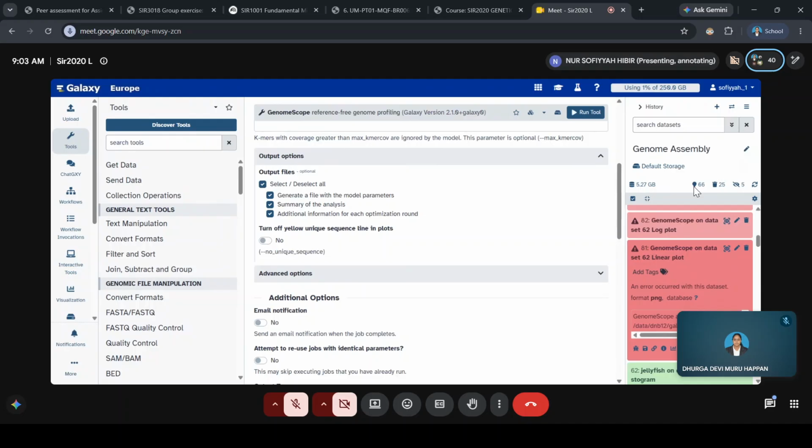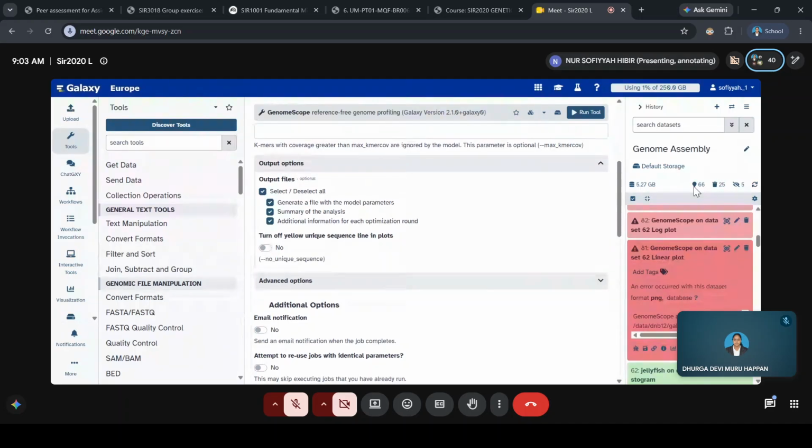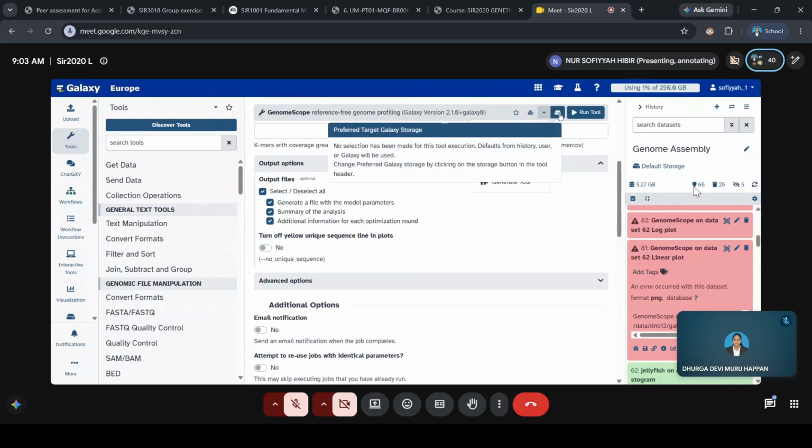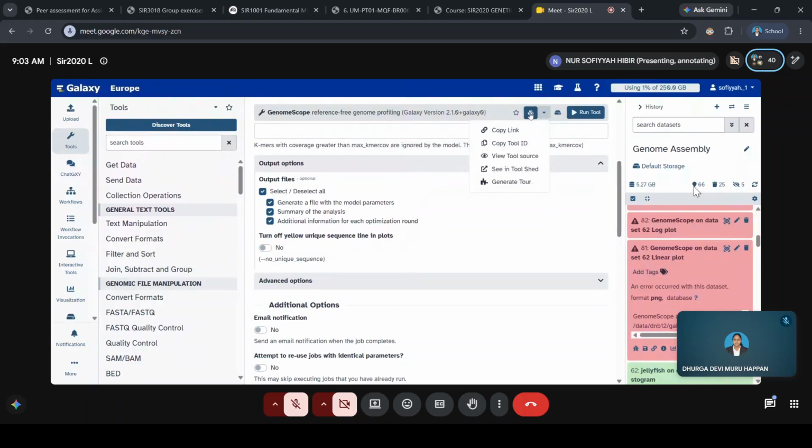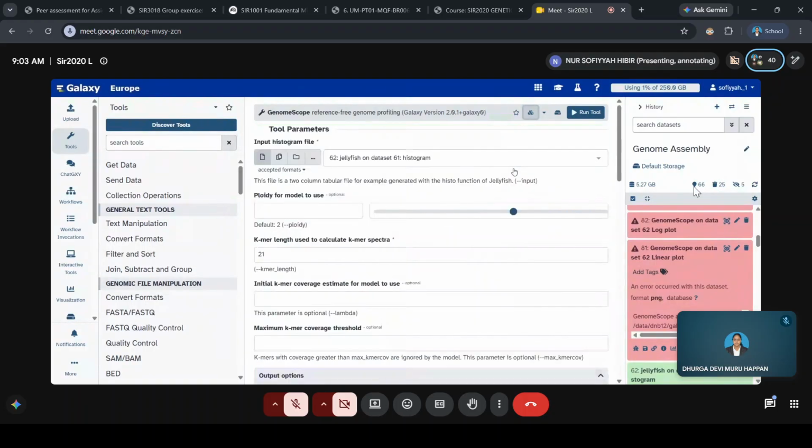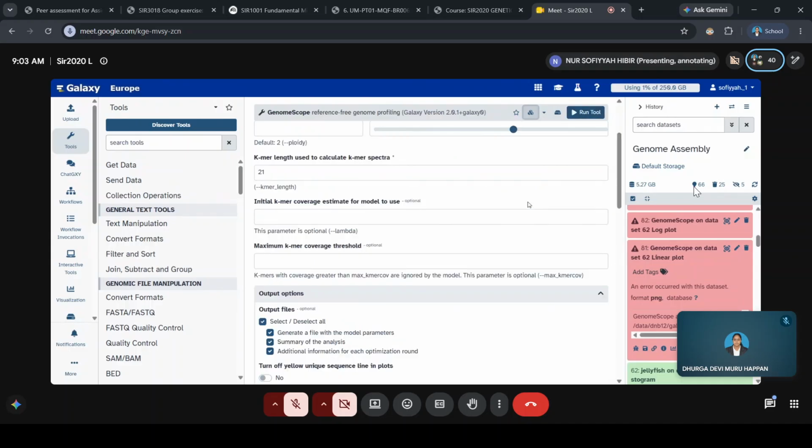Then can you try using another version of Genoscope? Next one. This. No, in the middle, this one. You click here. Yeah, you use other versions. Let's say this one. So run and see.